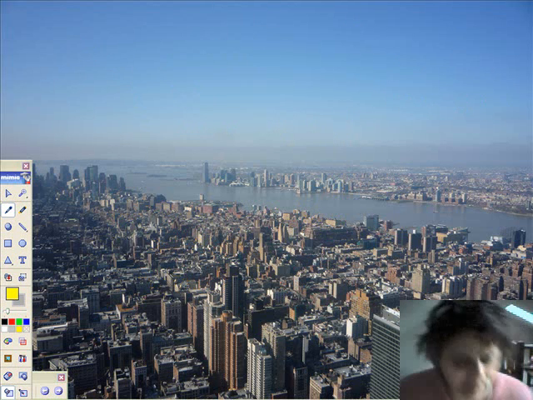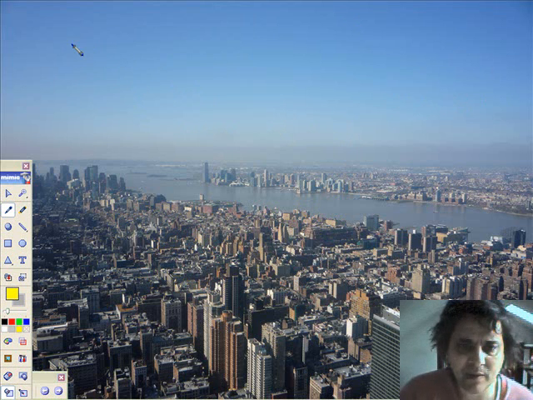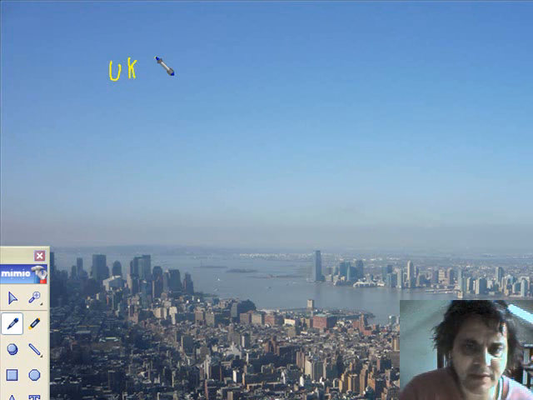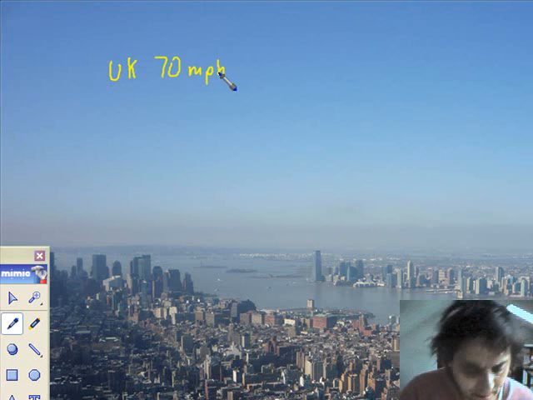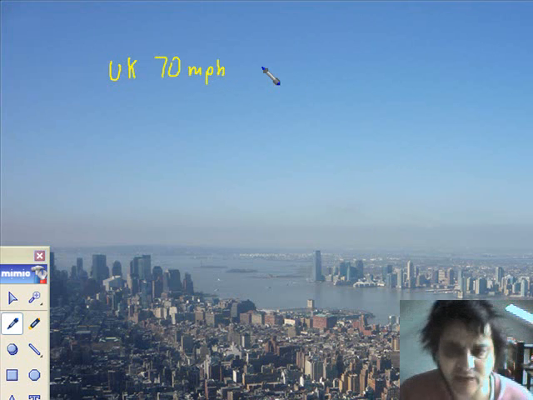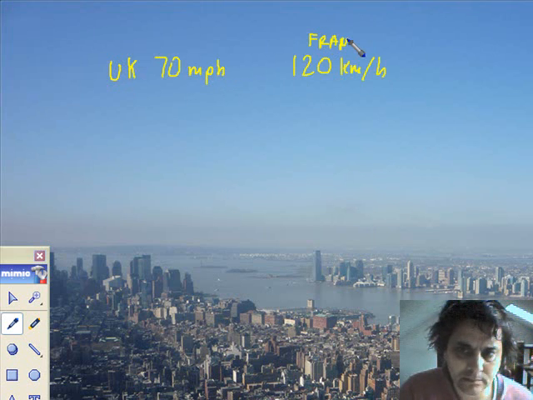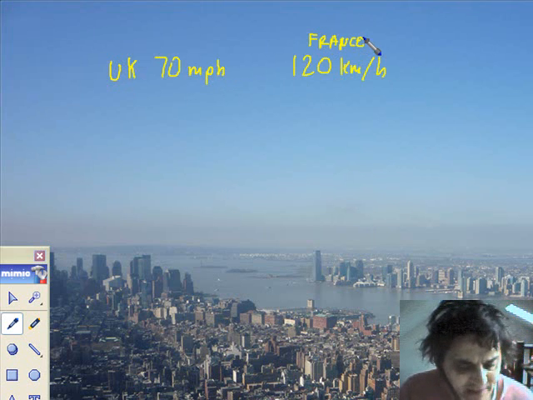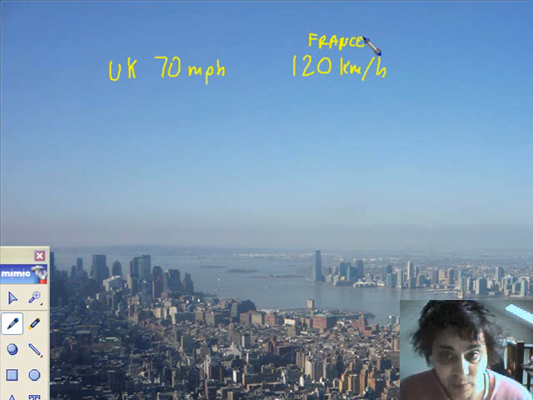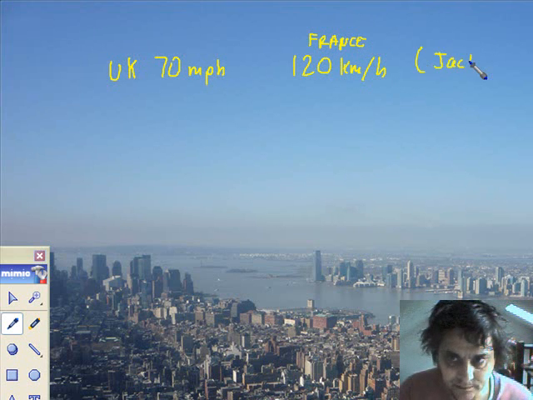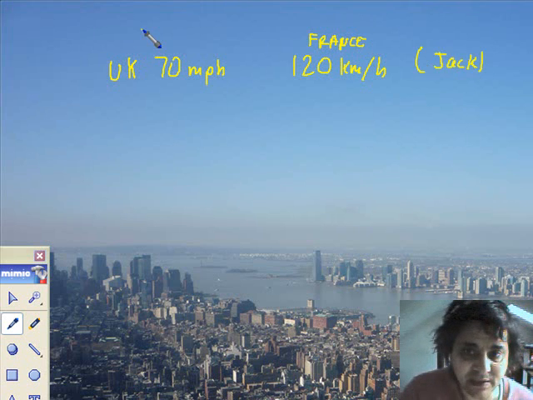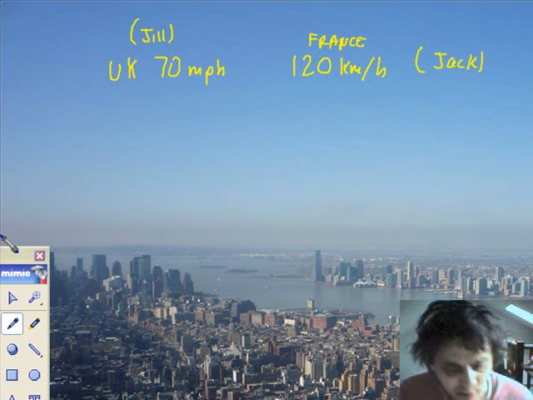It says that the speed limit on motorways in the UK is 70 miles per hour, and the speed limit on motorways in France is 120 kilometers per hour, and that's in France. Jack says that you can drive faster on the French motorway, so that's what Jack reckons. And Jill says that the UK motorways have a faster speed limit. That's what Jill says. Jack and Jill, very good. Who is correct, and show all your working.